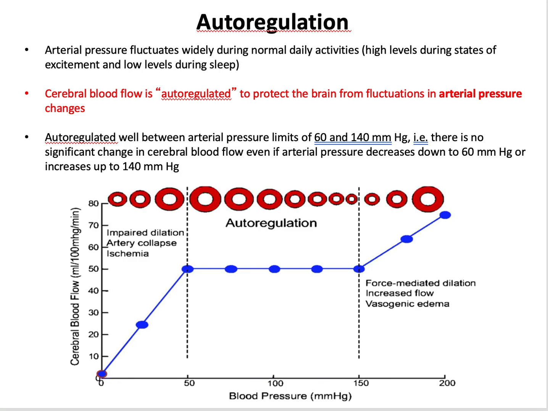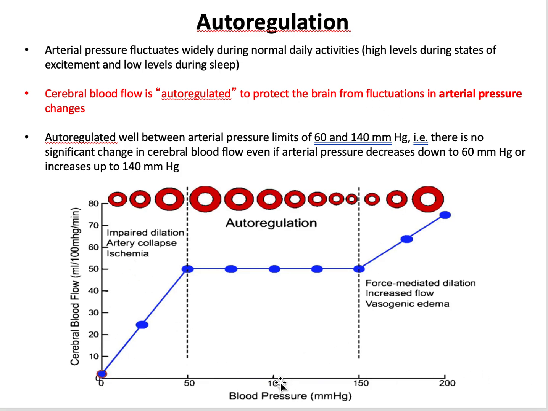You can have pretty vast changes in your blood pressure from moment to moment all throughout the day. But we want a very, very constant blood flow to our brain tissue. Of all the organs in your body, the brain is the best at autoregulation. So that autoregulation protects the brain from fluctuations in arterial pressure.